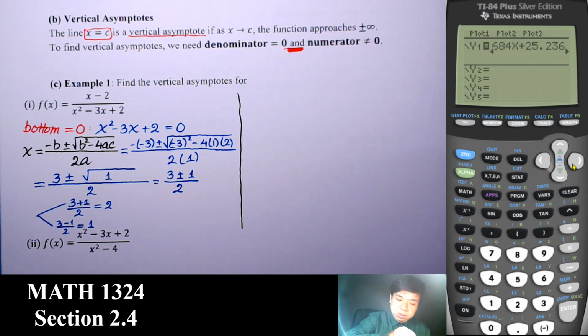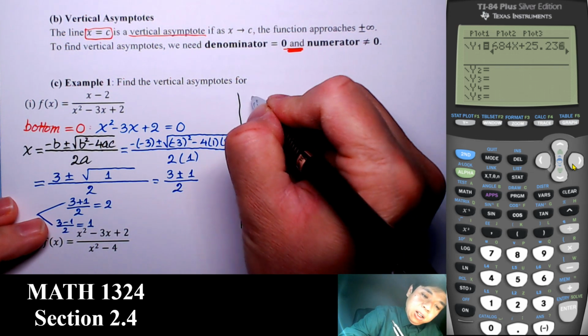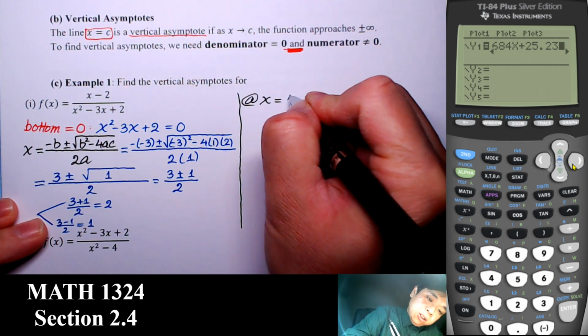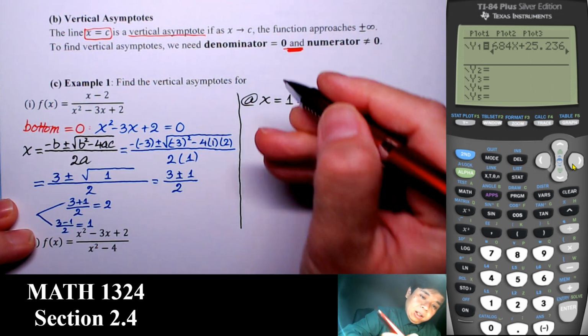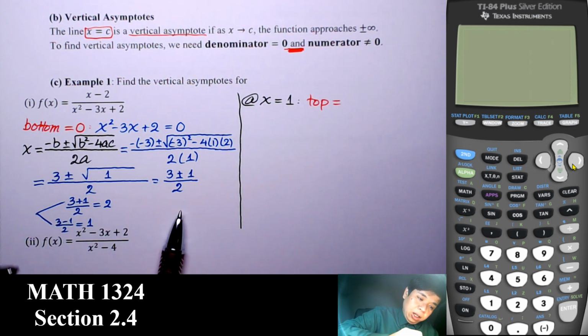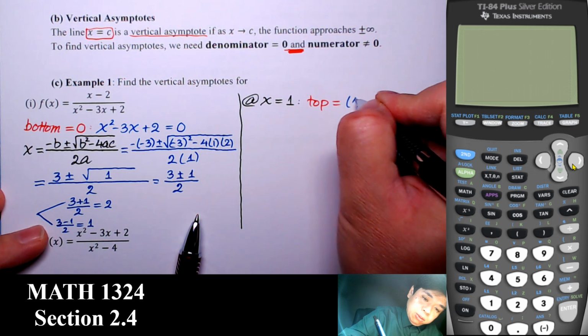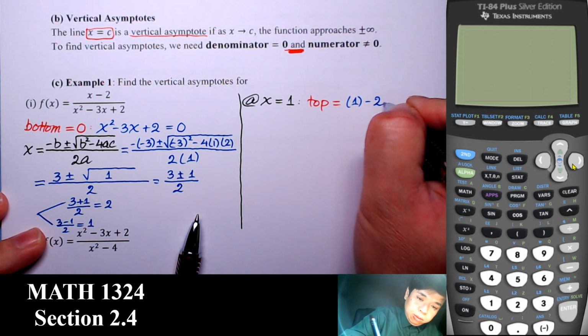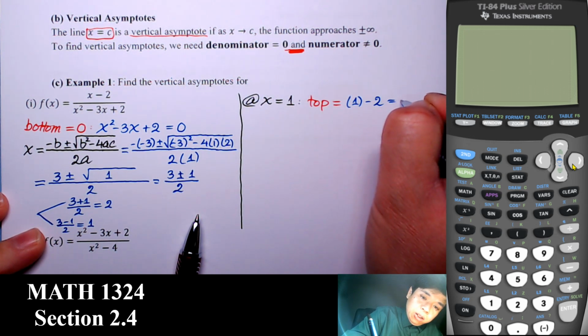We just check. We say when x equal to 1, the top will be equal to, now put 1 on the top, 1 minus 2 is minus 1.